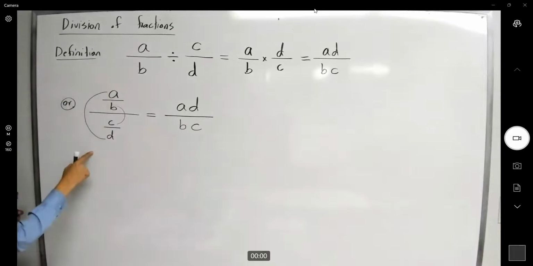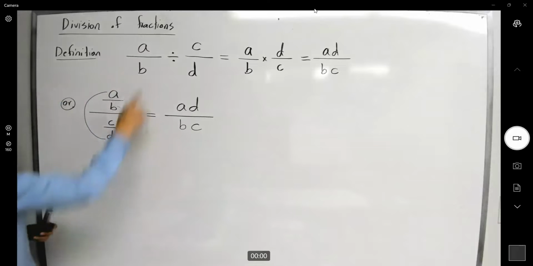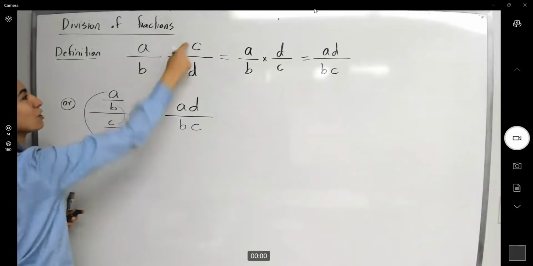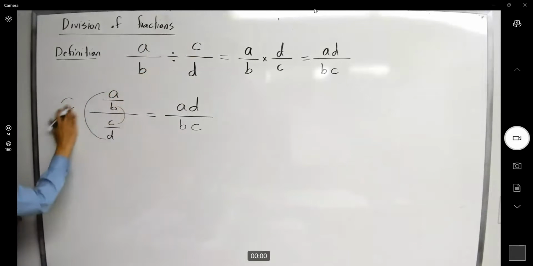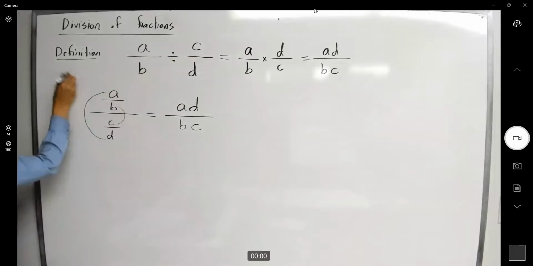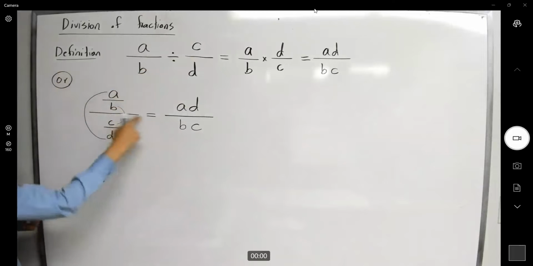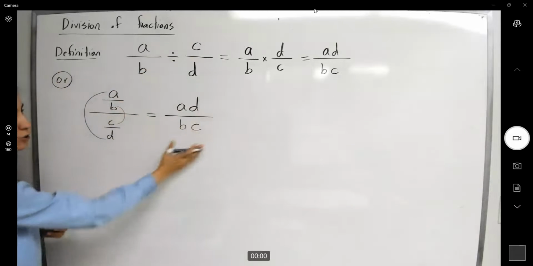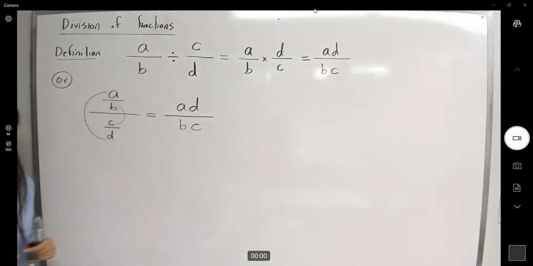Both of these have the same meaning. A over B divided by C over D can be written in complex fraction form. As you can see, the results are the same.